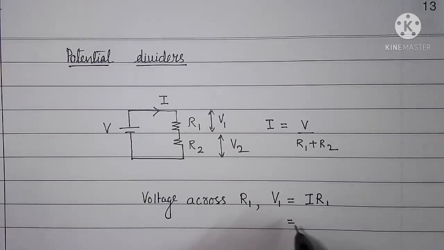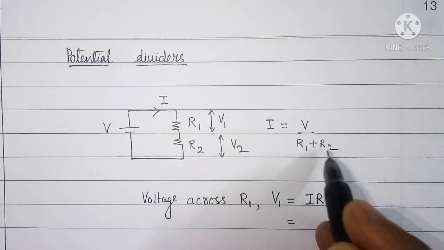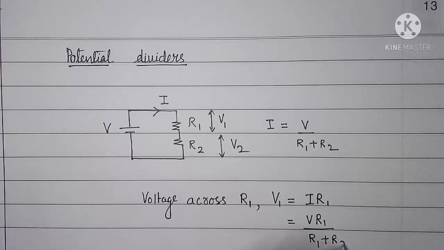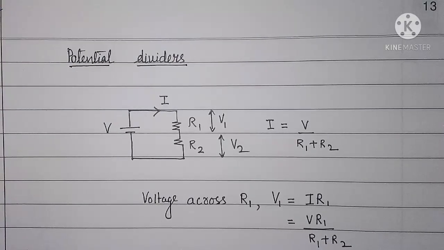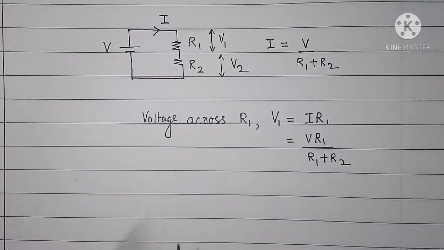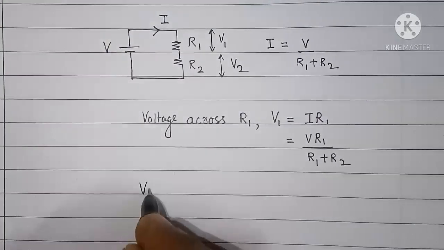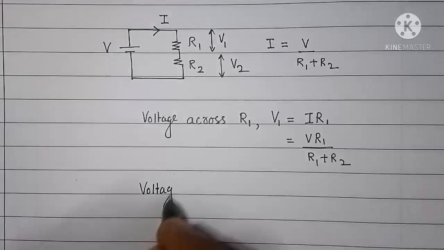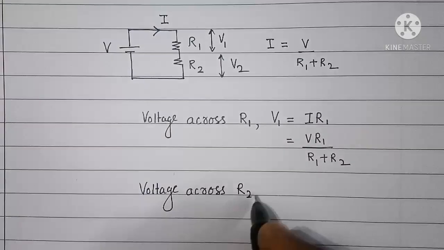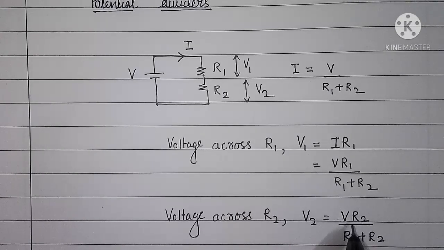But what is I? I is V divided by R1 plus R2. So you can write this as V into R1 divided by R1 plus R2. Similarly, we can write for voltage across R2, V2 equal to V into R2 divided by R1 plus R2.